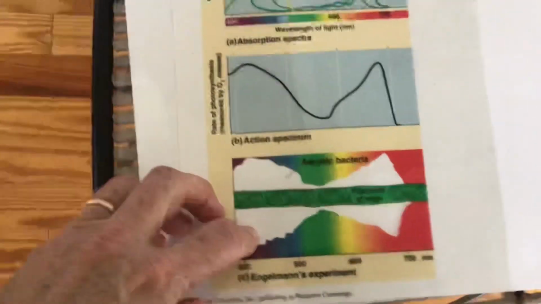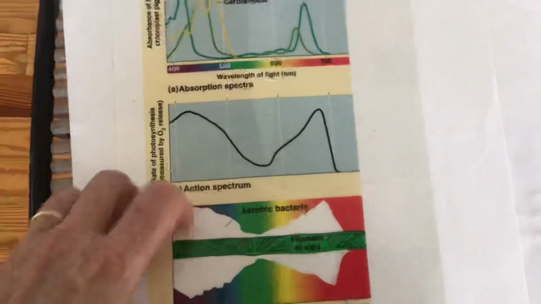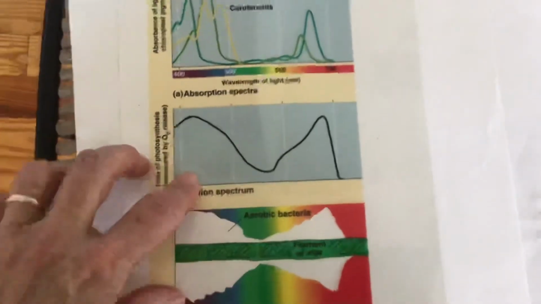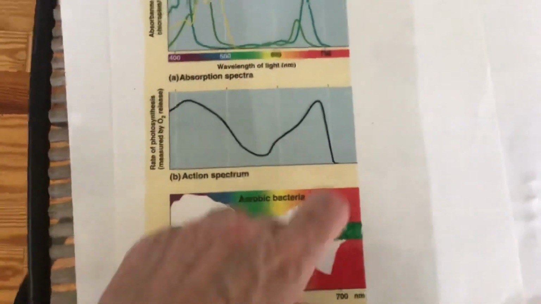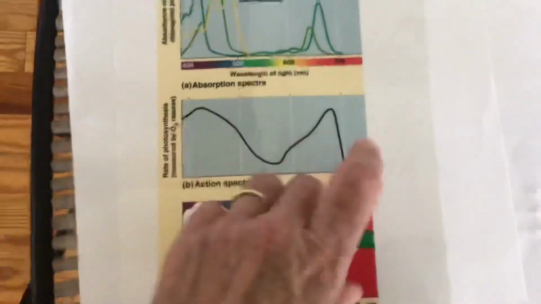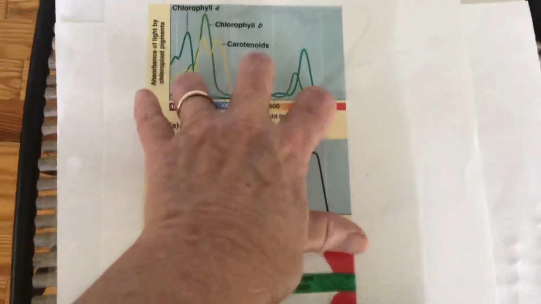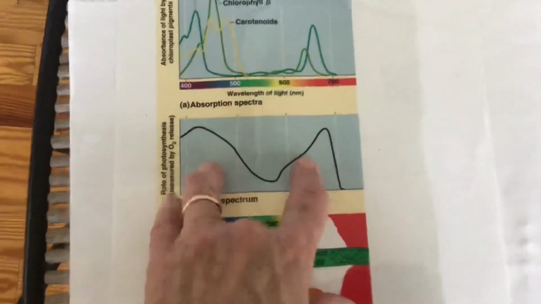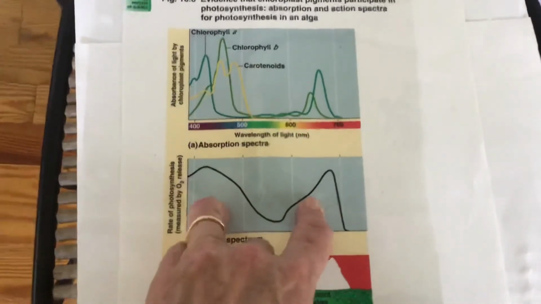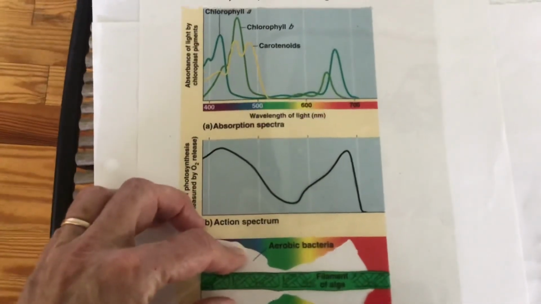All right, so what is happening here is that photosynthesis is happening in the blue region here and the red region here, which is matching the absorption spectrum. In other words, the pigments are absorbing the wavelengths that are going to be used in the process of photosynthesis.